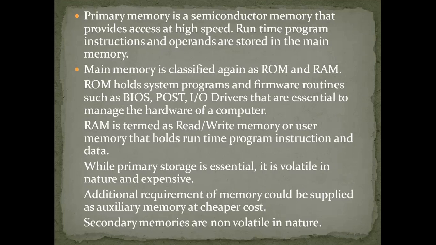What does volatile mean? If you switch off the computer, the data in RAM is automatically erased. That's why we call them volatile memory. At the same time, primary memory is very expensive, and storage-wise it contains less data.